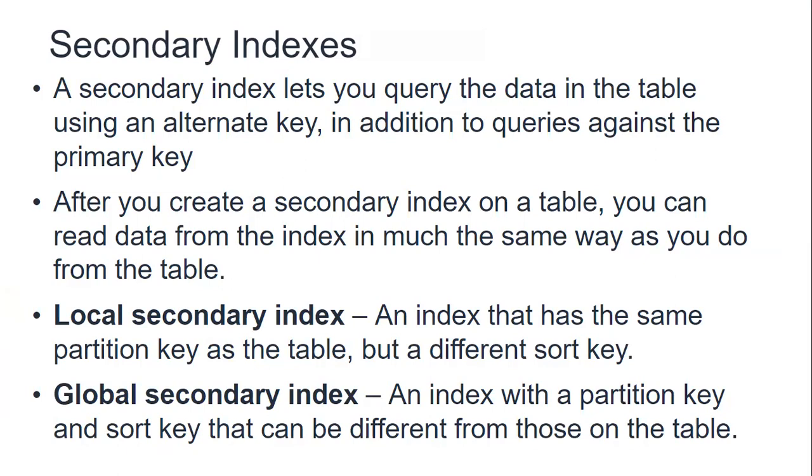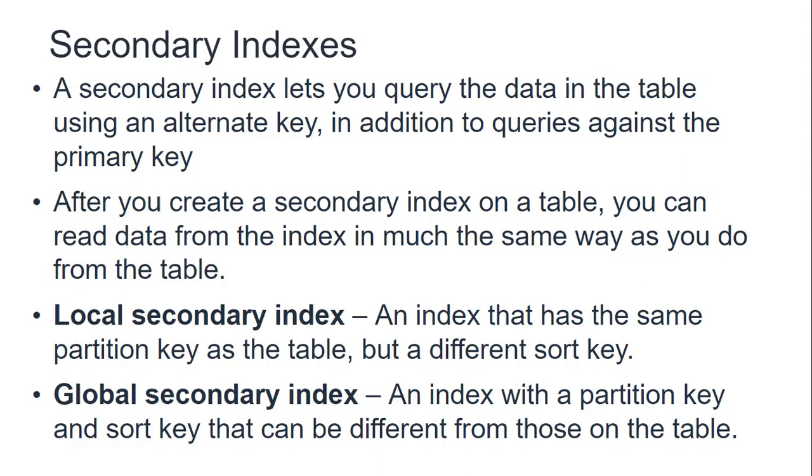A secondary index will allow you to query data using an alternate key. So your table will come with a primary key, which would be a partition key with a sort key, right?